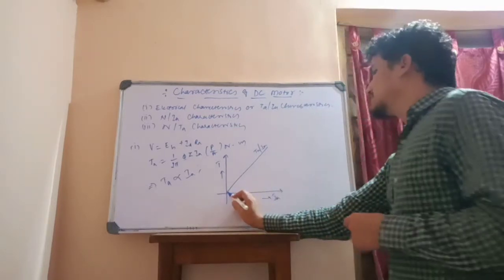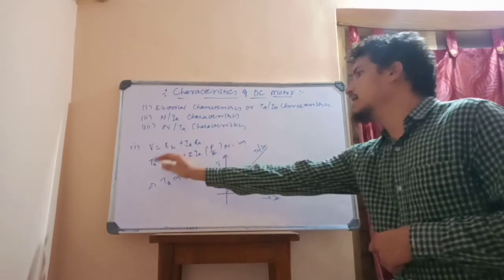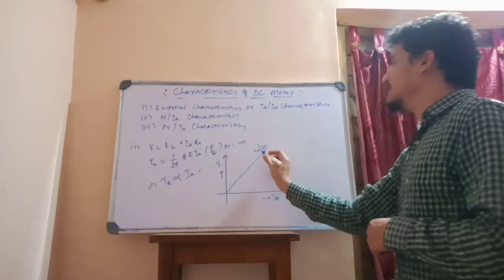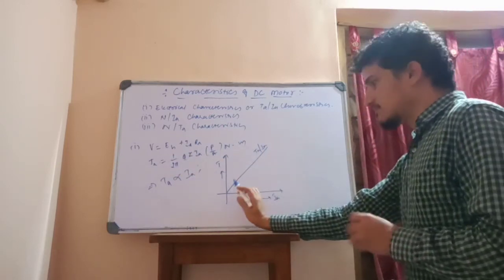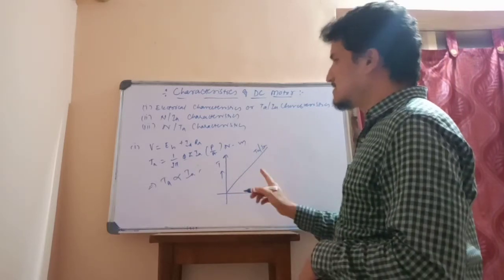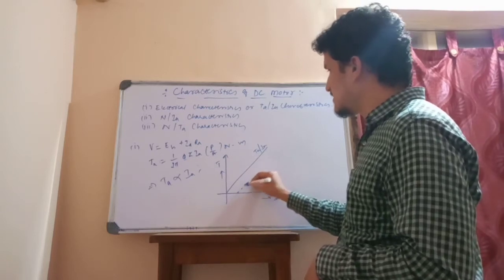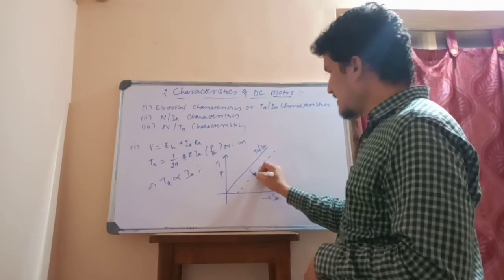Because it starts from the origin, the armature torque, the theoretical torque actually developed, starts from the origin, but it is not so in practice. The shaft torque is always less than the armature torque. It will go like this.